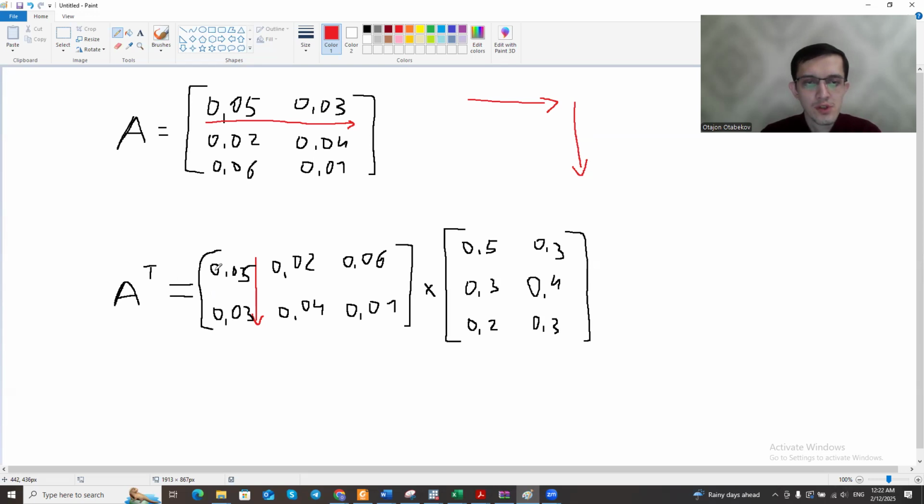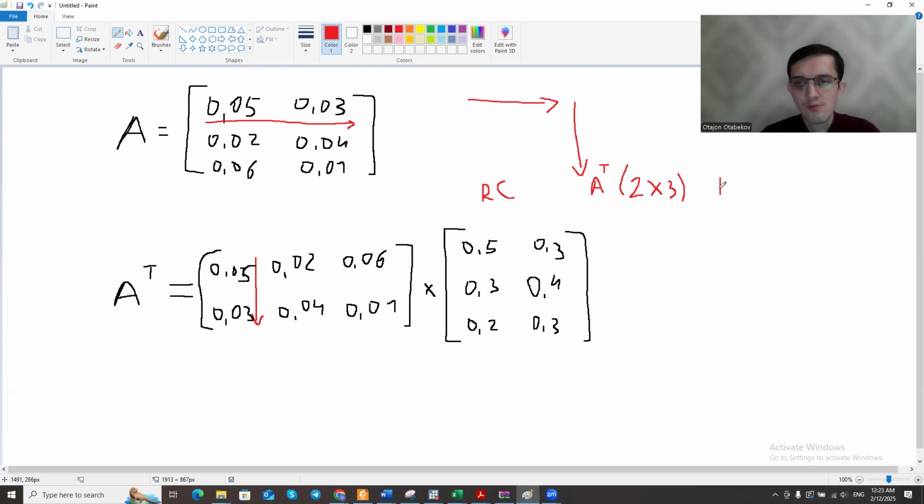We call the number of rows first, then the number of columns, something like RC. What is the size of the matrix A transpose? How many rows do we have? We have 2 rows. And how many columns do I have? I have 3 columns of matrix A transpose.